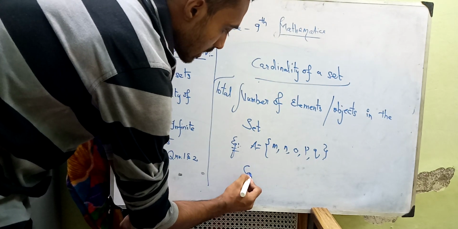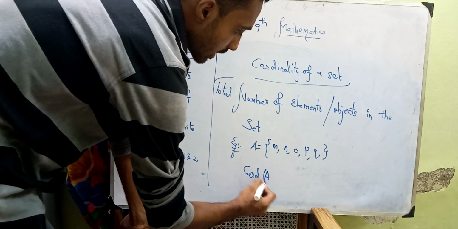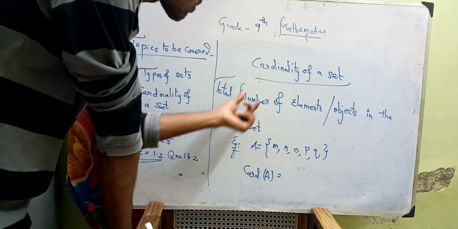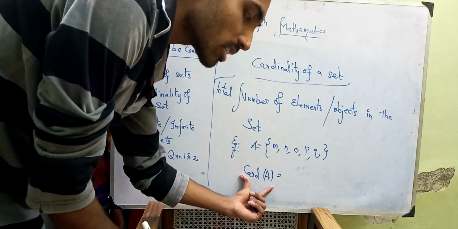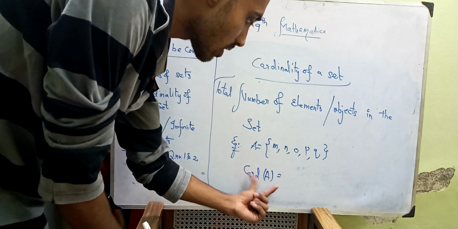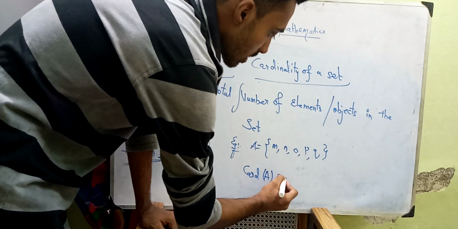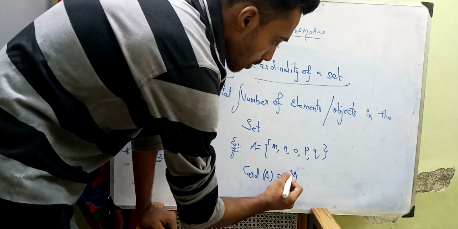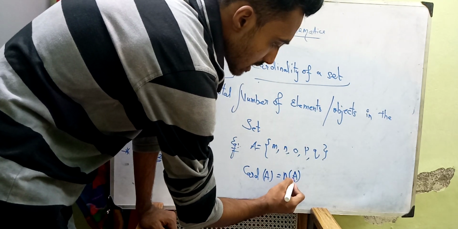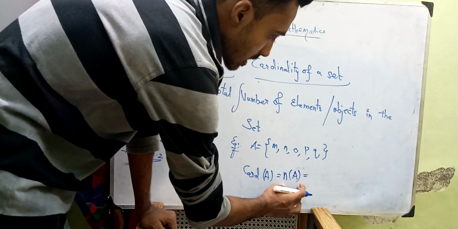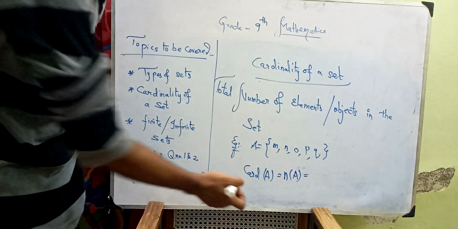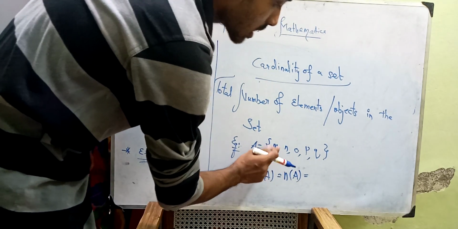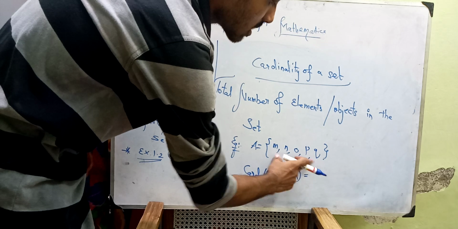Cardinality of a set can be written in this way, card A. You can also use the symbol for the number of elements present in A. So cardinality of A is nothing but counting the elements which are in the set A.